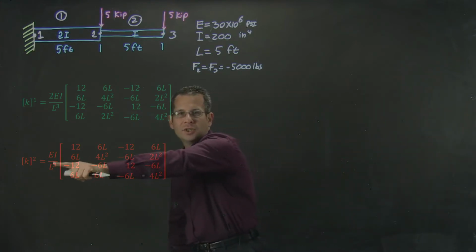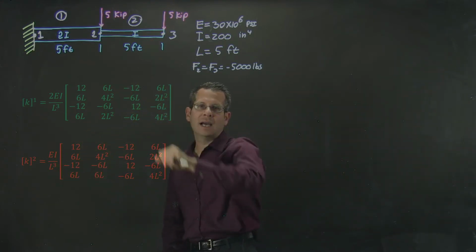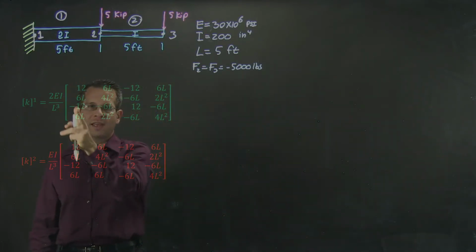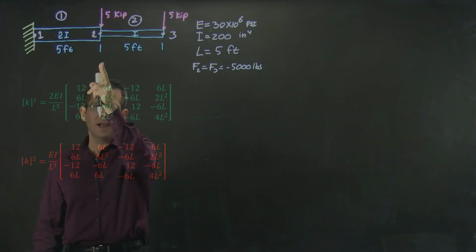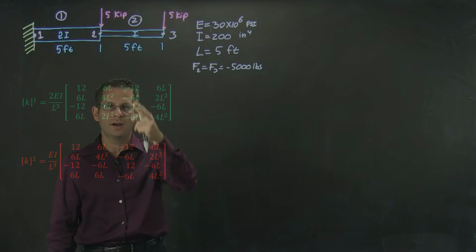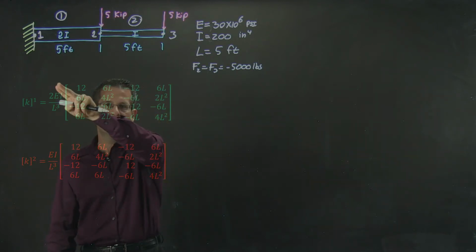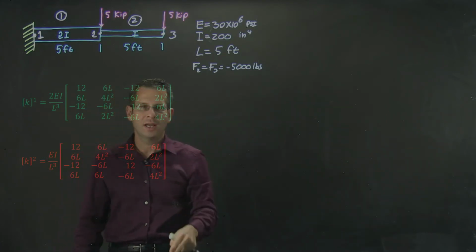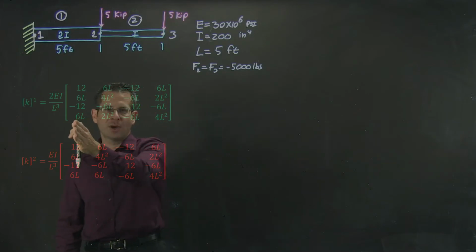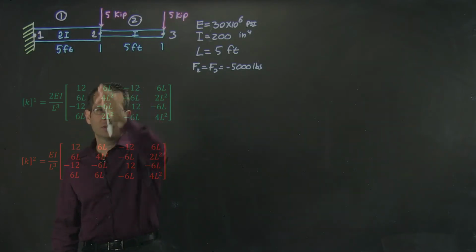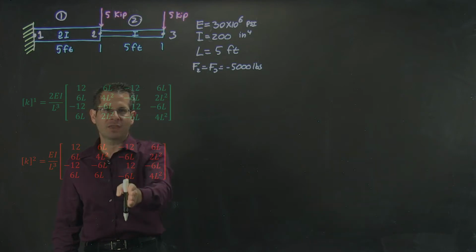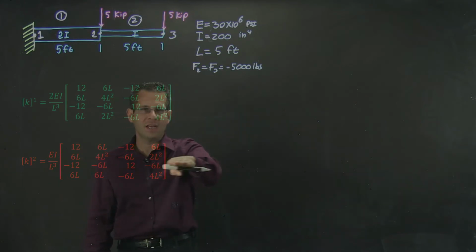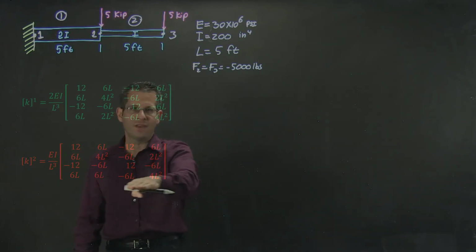Note that there's not a 2 out here because this is simply I. Now, also remember, everything in this column corresponds to V1, everything in this column corresponds to Phi1, V2, Phi2, and likewise on this matrix, V2, Phi2, V3, Phi3.